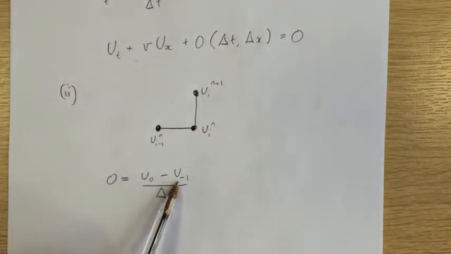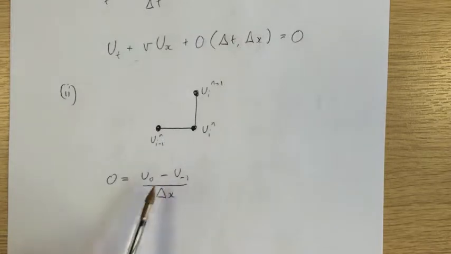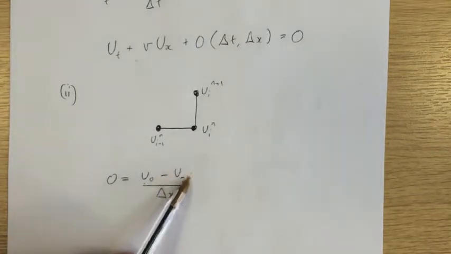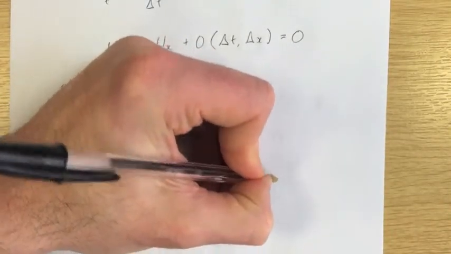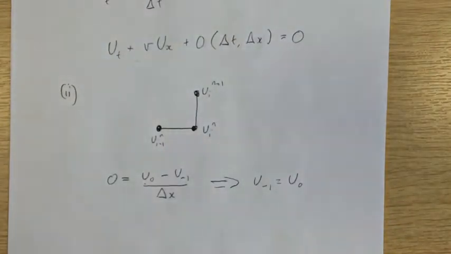This u_(-1) is a ghost node. This is my first node in the domain. This is what I want to find the value of. So if I rearrange that, quite simply, the ghost node using a first order difference approximation is equal to the first node in the domain.